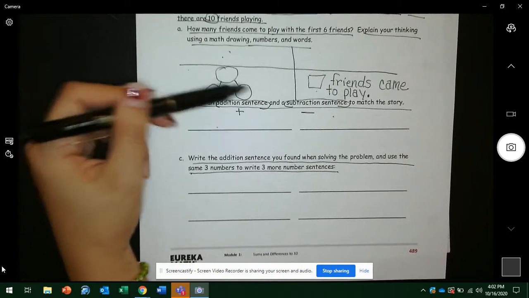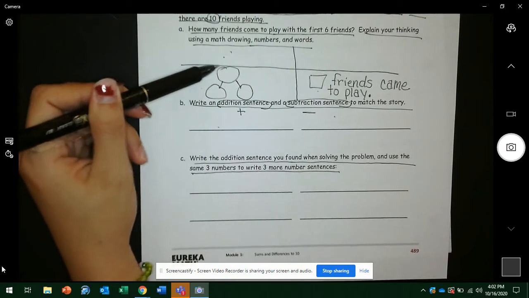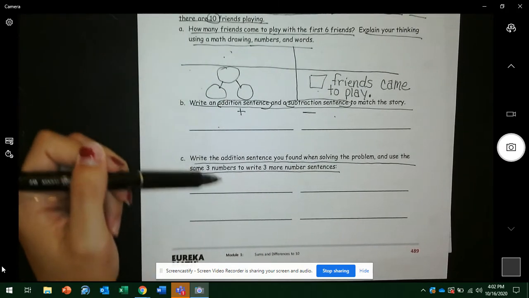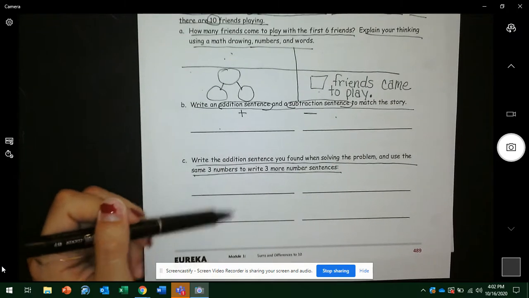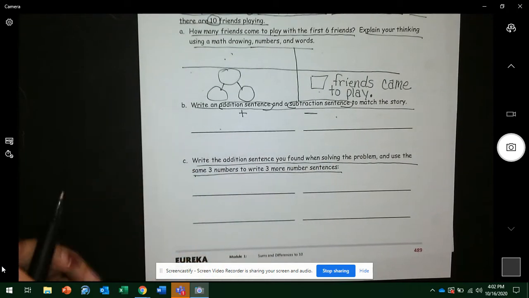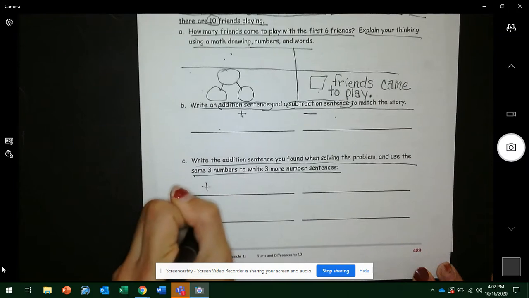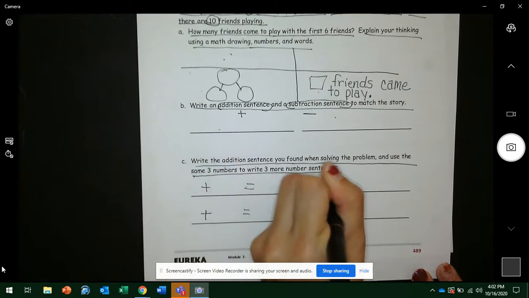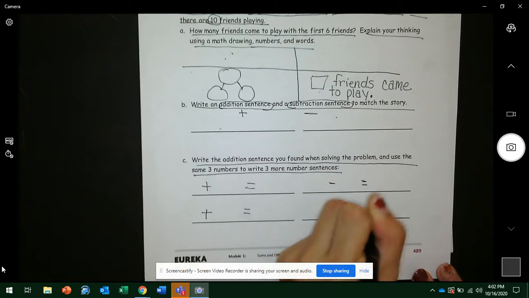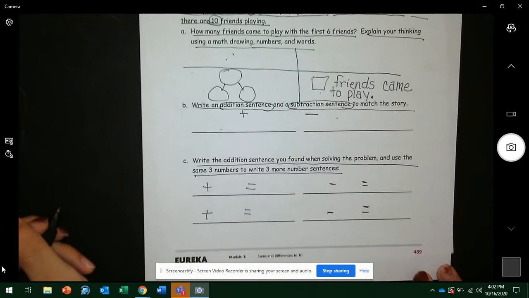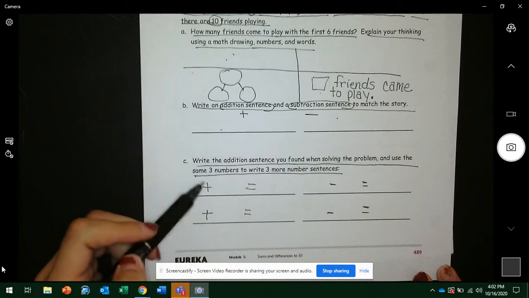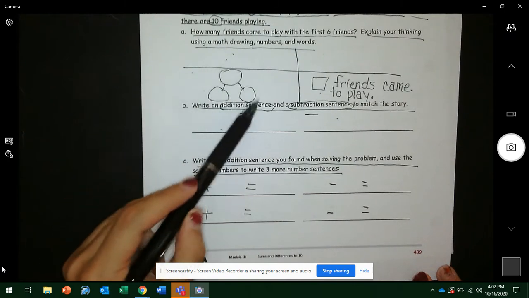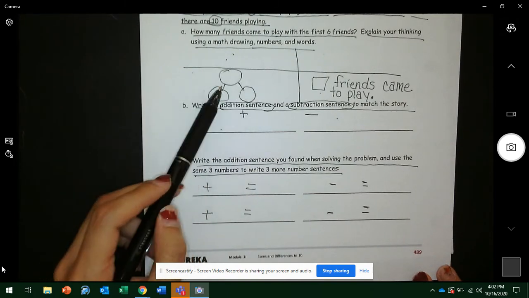Using the same parts as in this number bond and the same whole number, you write addition sentences and subtraction sentences. So you can go ahead and write 2 addition sentences and 2 subtraction sentences. Make sure that you're using the 3 numbers in this number bond only.